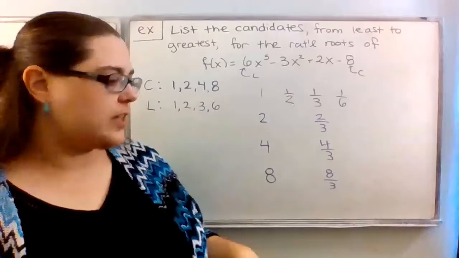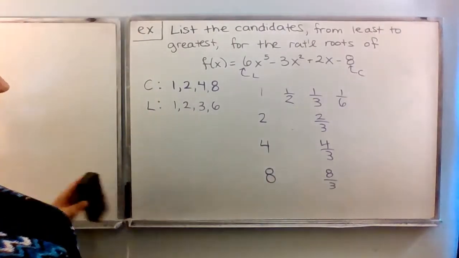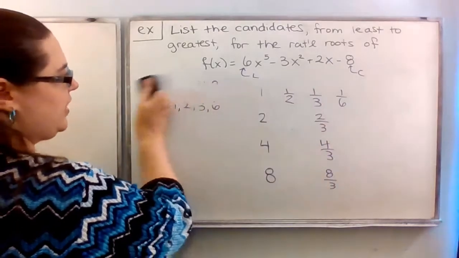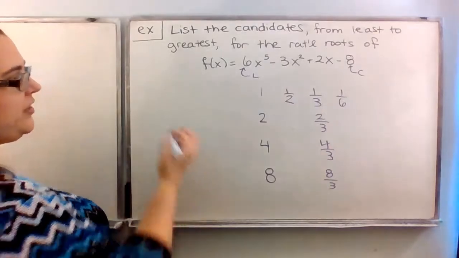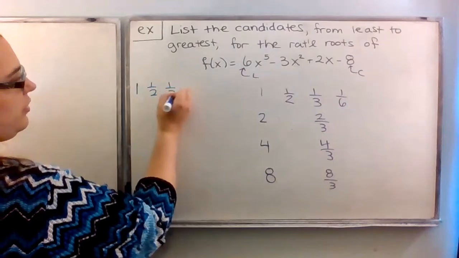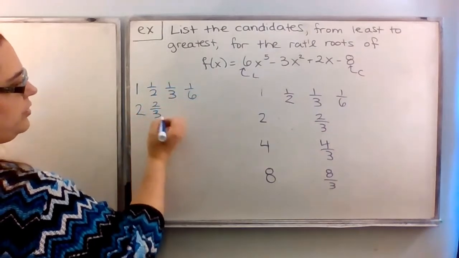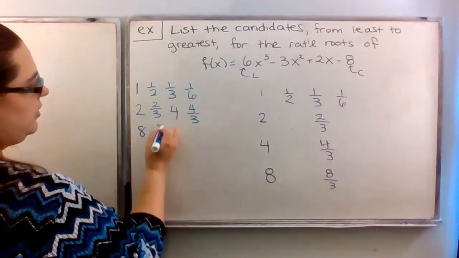So what I'm going to do is I'm going to rewrite these just off on the side, so I have some space to write my answers, I think. So we had 1, a half, a third, a sixth, 2, 2/3, 4, 4/3, 8, and 8/3.